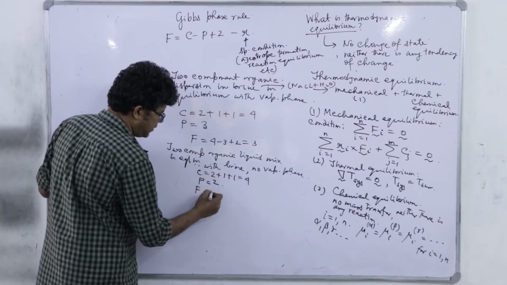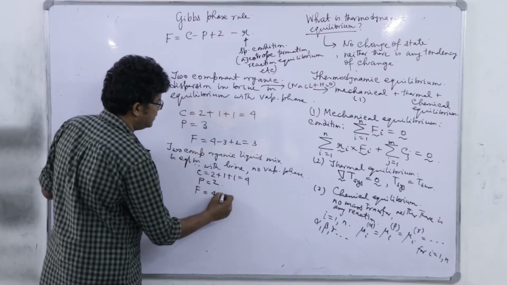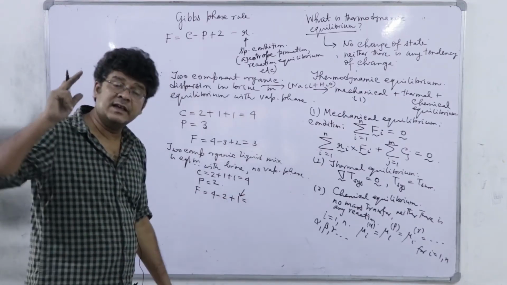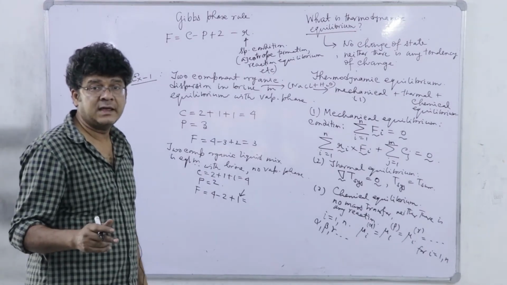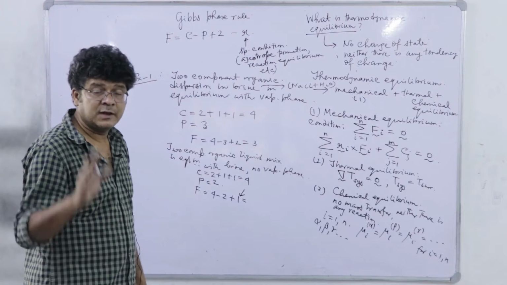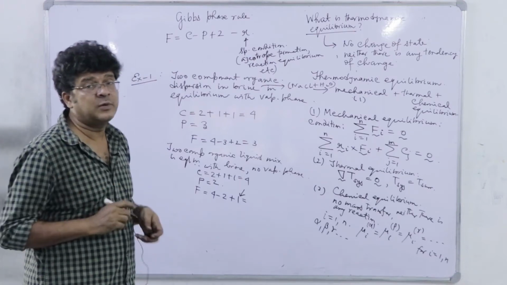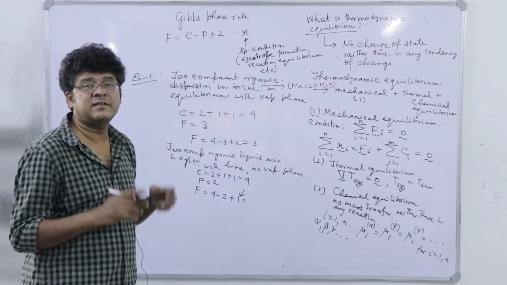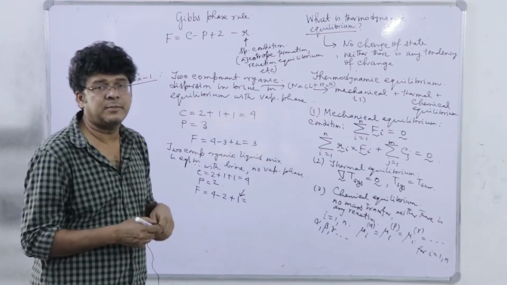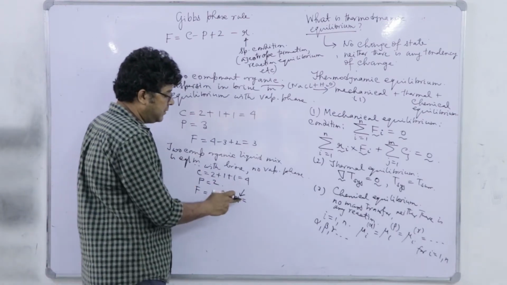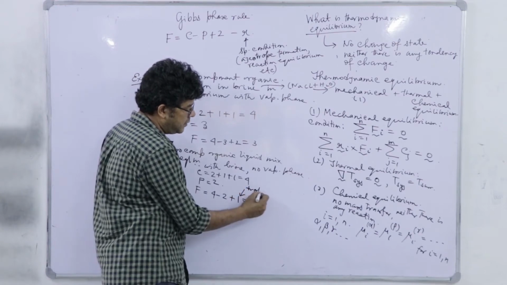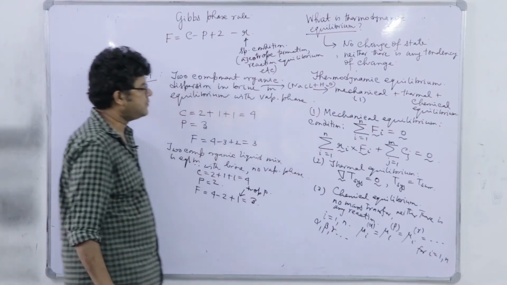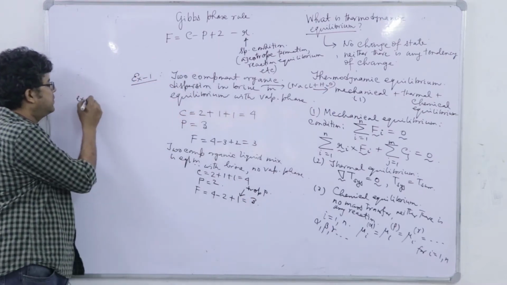However, F will be 4 minus 2 plus 1 only. Why 1? Because pressure has an insignificant role to play in a liquid system if there is no vapor, because liquid is a highly incompressible state of matter. Pressure is not an independent variable influencing the properties of that system. So, generally we should drop pressure. So, 4 minus 2 plus 1, that is again 3. Right. Another example, you see.